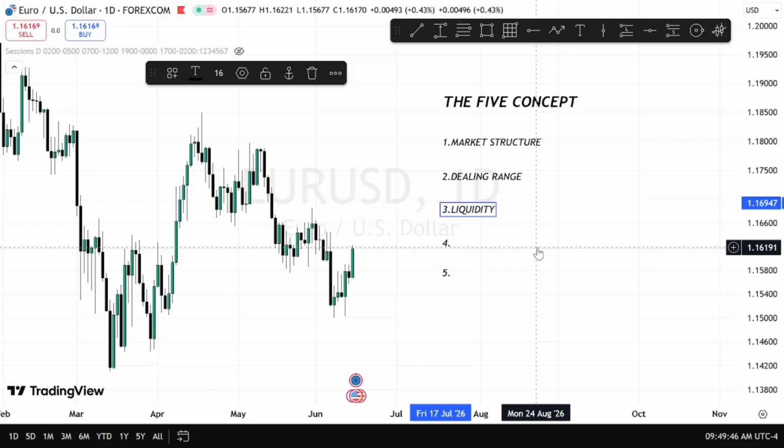We believe there's liquidity above old highs and liquidity below old lows, and the liquidity is in the form of pending orders or stop losses.